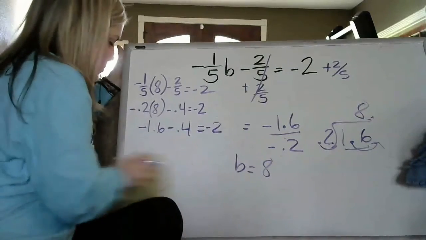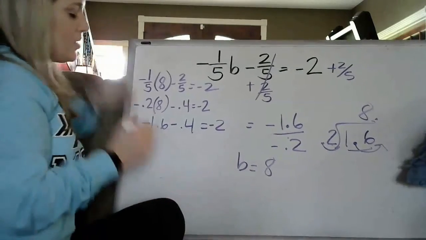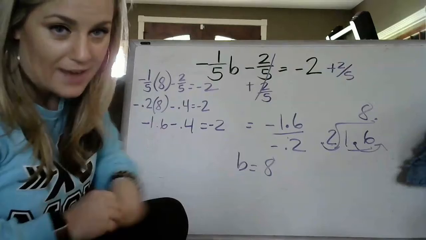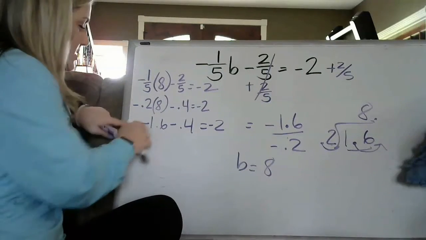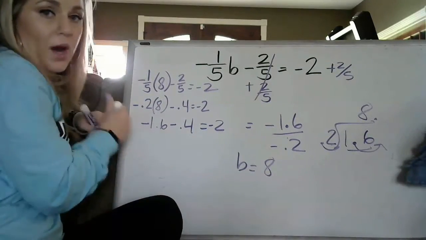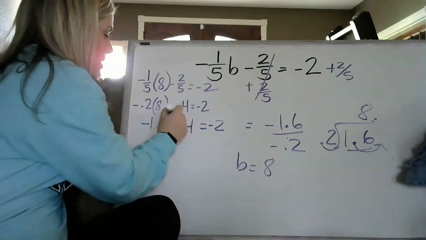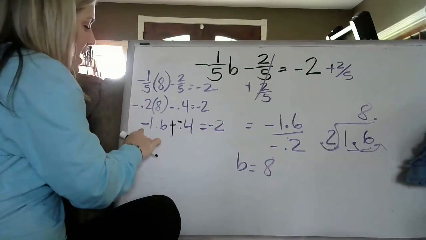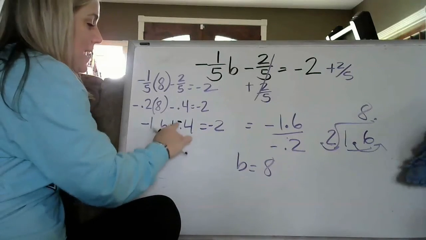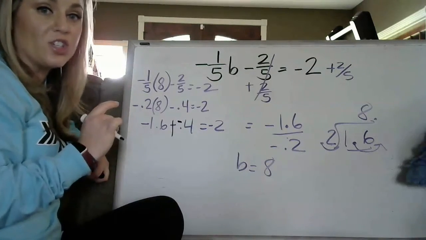All right, now, okay, so rules for subtracting integers. When you're subtracting integers, this is negative 1.6 minus 0.4. So we're going to change our subtraction sign to addition, change the sign of the next number. So now we have negative 1.6 plus negative 0.4. Well, now we have an addition problem.